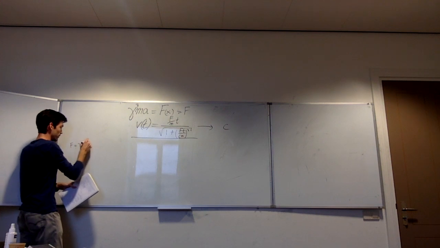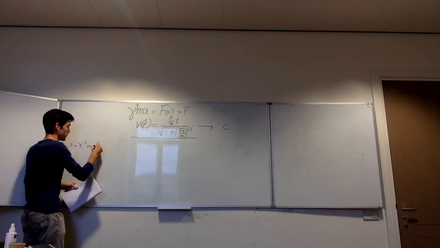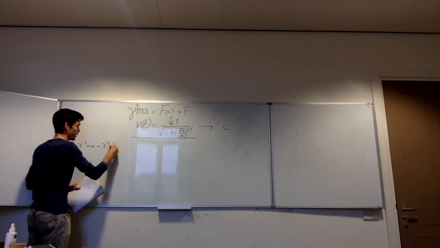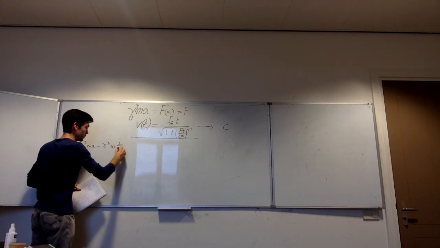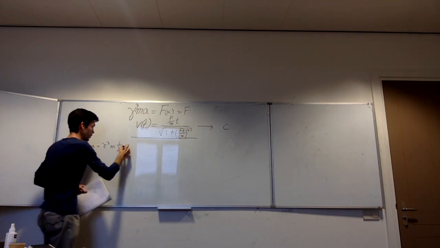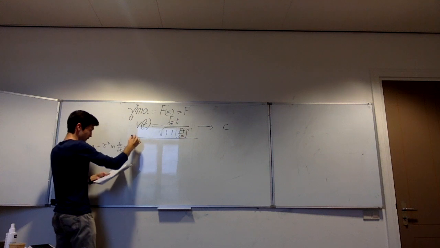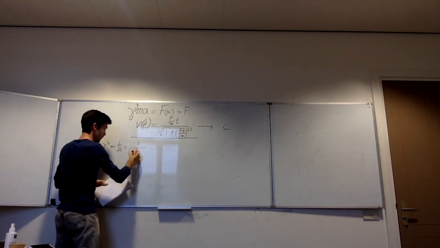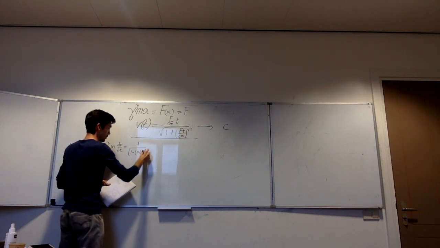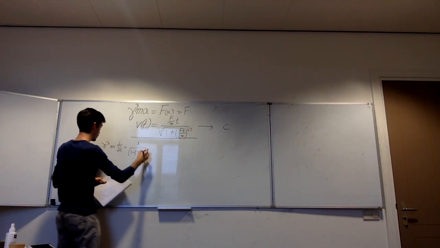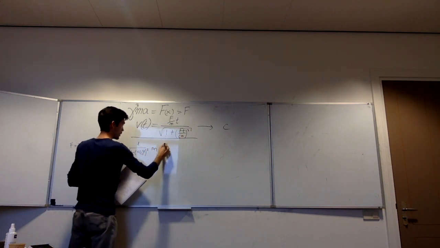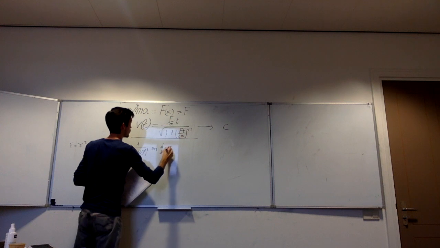Okay, so that's the equation, and that should be gamma cubed m dv/dt. This is 1 over (1 minus v over c squared) to the power of 3, if I'm correct. Then we can do the derivation of all this.